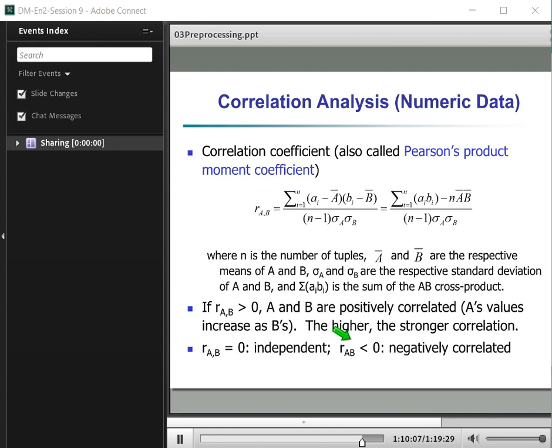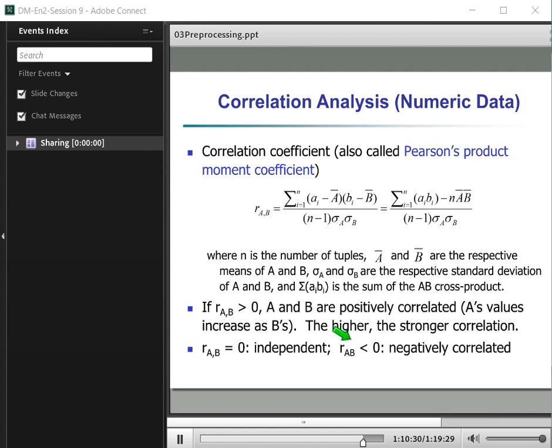If R is a positive value, it means that A and B have a positive correlation, and if R is less than 0, A and B have a negative correlation.